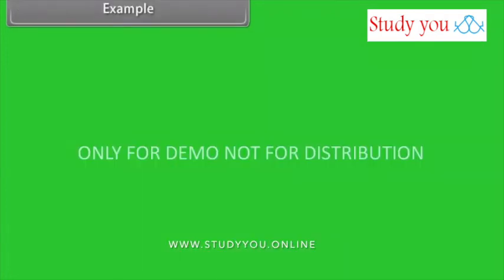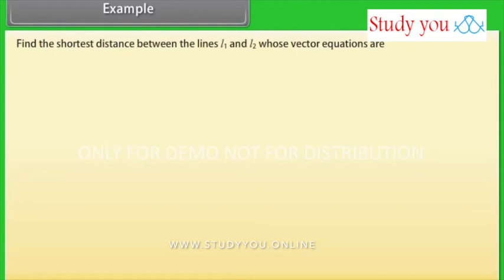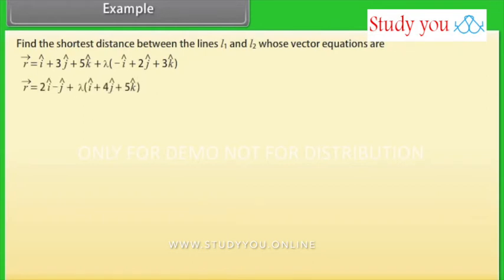Example: find the shortest distance between the lines L1 and L2 whose vector equations are vector r equals i cap plus 3 j cap plus 5 k cap plus lambda times (minus i cap plus 2 j cap plus 3 k cap), and vector r equals 2 i cap minus j cap plus mu times (i cap plus 4 j cap plus 5 k cap).